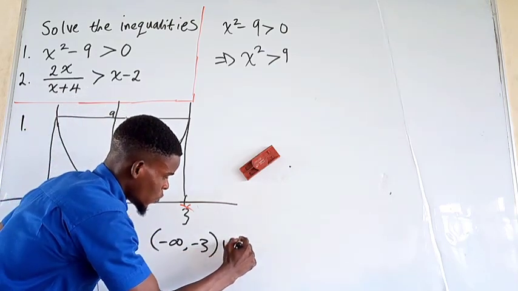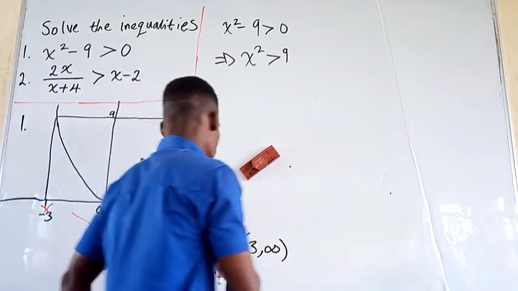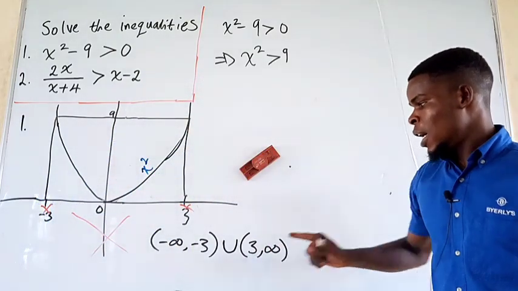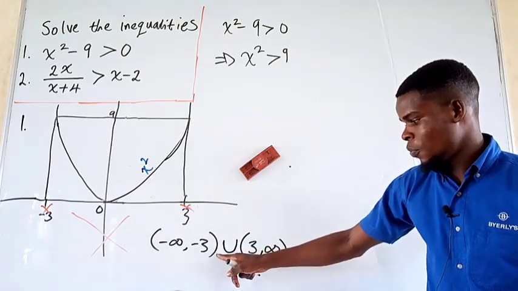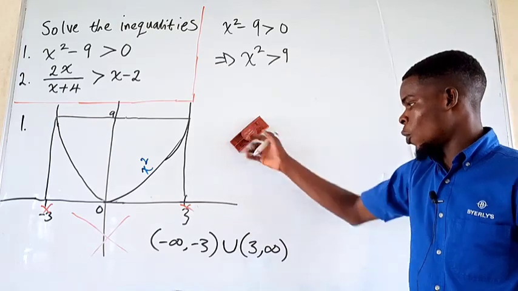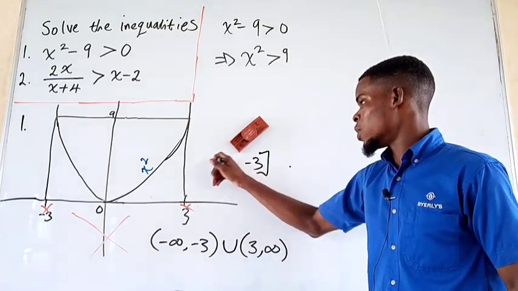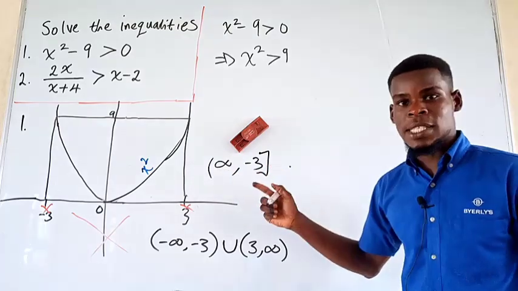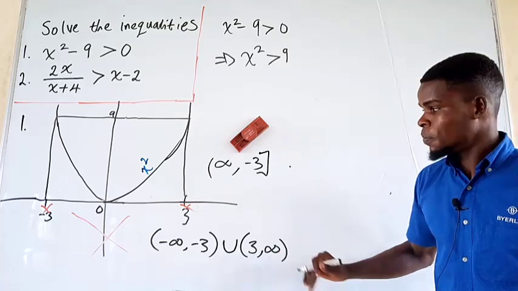And we unite it with 3 to positive infinity. So when you look at such interval, this negative 3 is not included because it is an open interval. Suppose we had this, all right, closed at negative 3. This would be a closed interval, which means that negative 3 is one of them. So this is it, right?